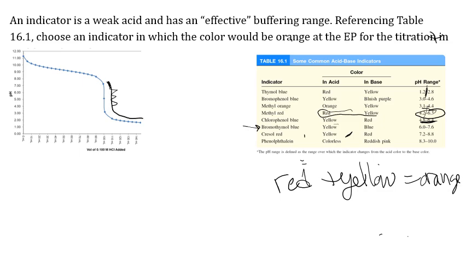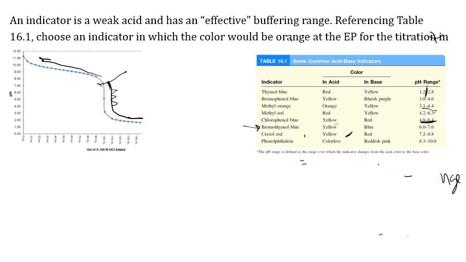So it's yellow down here, and then it's red up there. Well, if you hit it and we're on the downswing and it was yellow, yeah, you could have chosen that one if you wanted to argue that, as long as you argue it making sense. All right, so that's the indicator stuff. I'm going to stop this video right here before I go on to the Ksp stuff, to make another video for that.